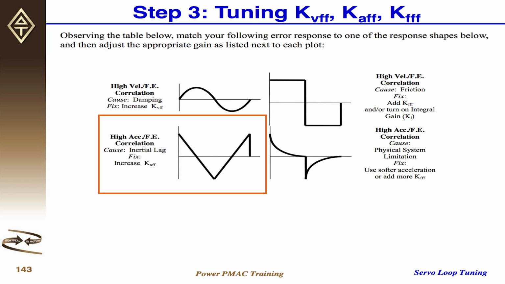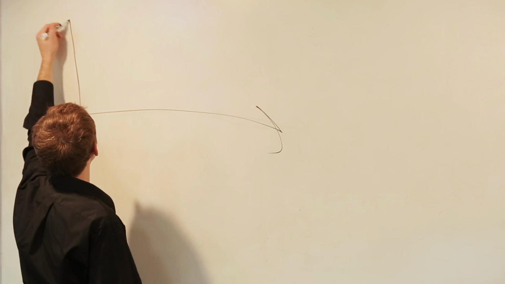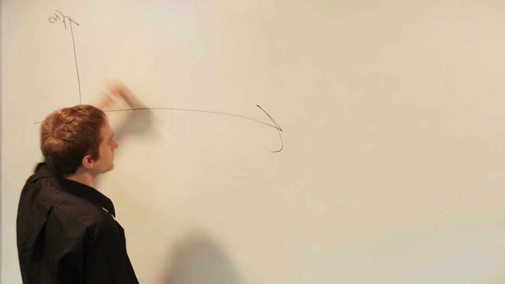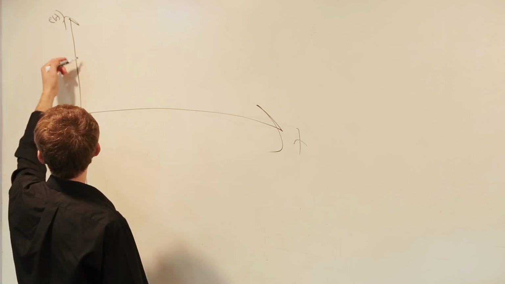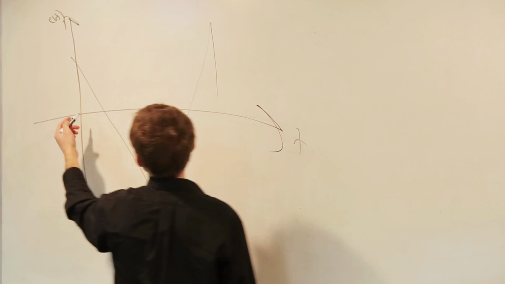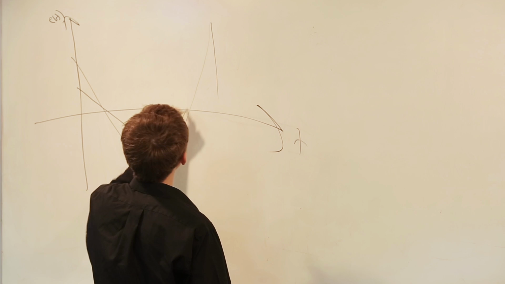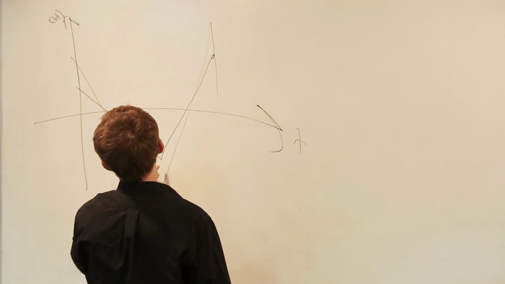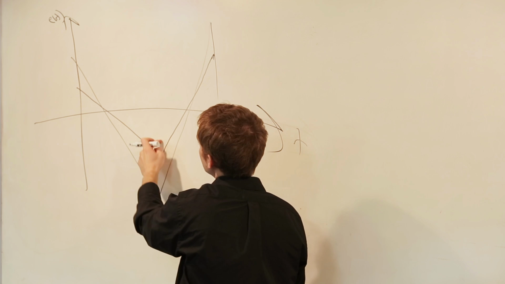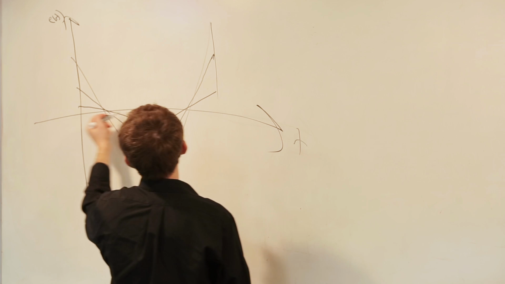So as you increase kAFF, your initial following error shape will decrease in amplitude as well. So the tip of this triangle should come closer to 0 as you add more kAFF until finally you just have a flat spot.